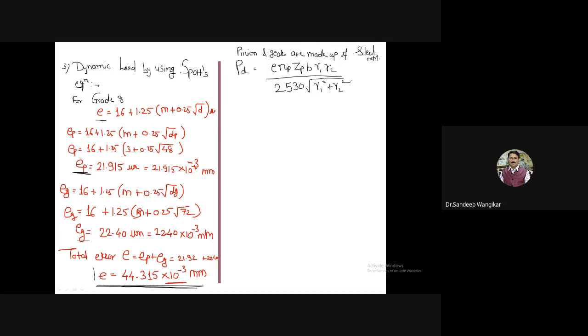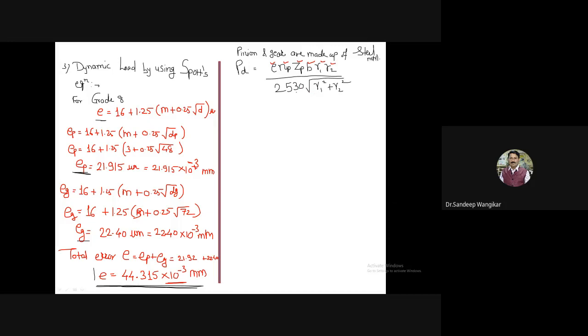So now take a look towards this formula. Error was not there, but now we have calculated it in millimeters. NP is given, ZP is with us, face width is with us. R1 and R2 mean pitch circle radius for pinion and gear. This answer is also with us.